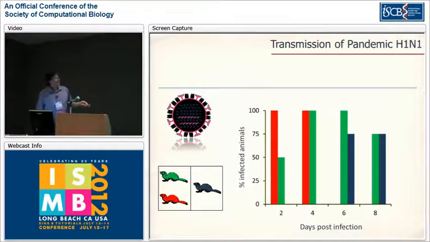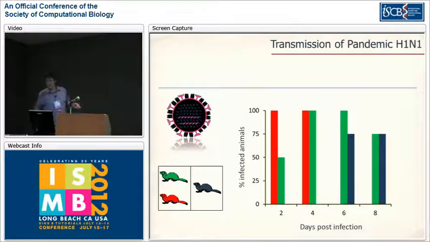Now, this is a result from Richard. Again, this is the apparatus, and you can see that you infect the red animal, and it transmits both to the near neighbor in the same cage, but also to the remote animal in another cage.